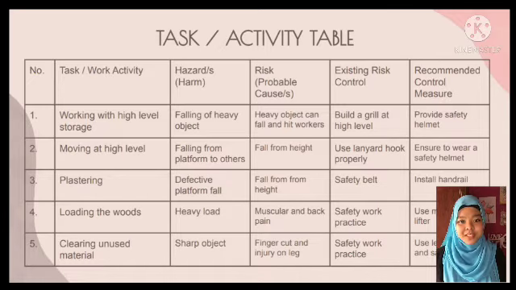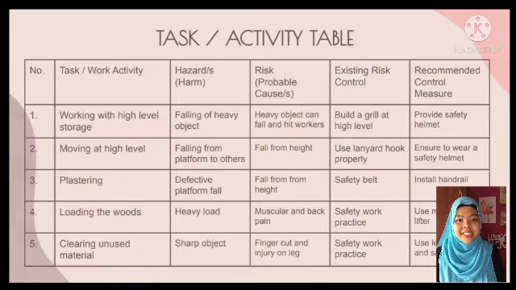Task and activity table. The activity is working with high-level storage. The hazard for this activity is falling of heavy object, so the risk of this harm is that a heavy object can fall and hit workers. The existing risk control is a wall grill at high level, and the recommended countermeasure is to provide a safety helmet.